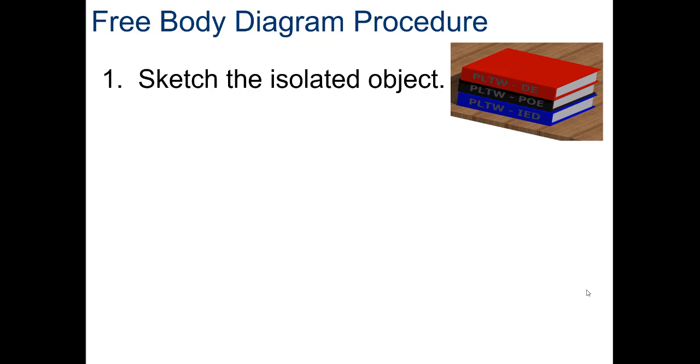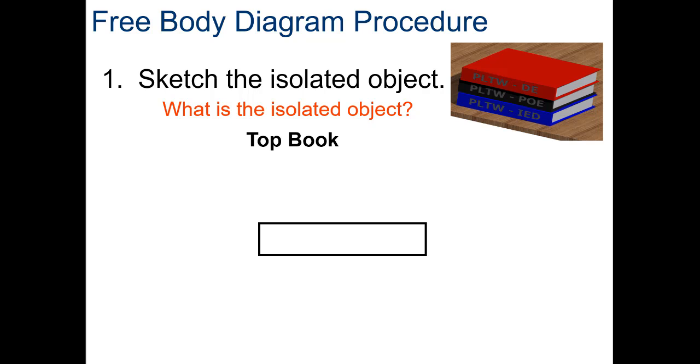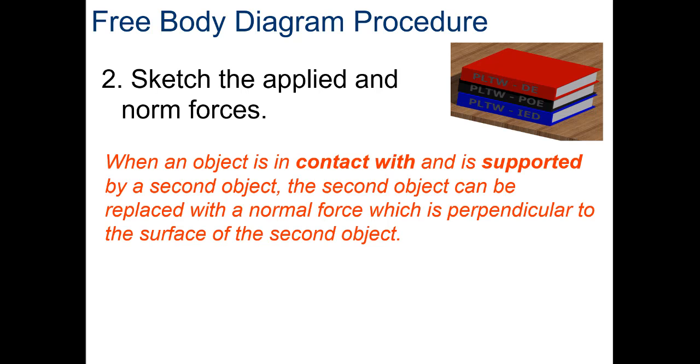Okay, so sketch the isolated object, and they told you it was 5 pounds, actually. So what is the isolated object? The top book. So here's our top book. We're going to sketch the applied and normal forces. When an object is in contact with and is supported by a second object, the second object can be replaced with a normal force, which is perpendicular to the surface of the second object.